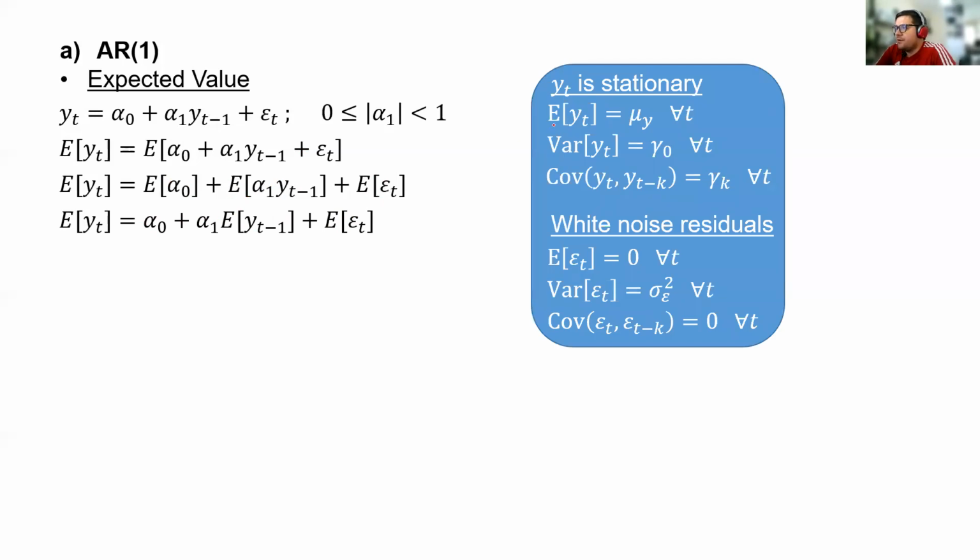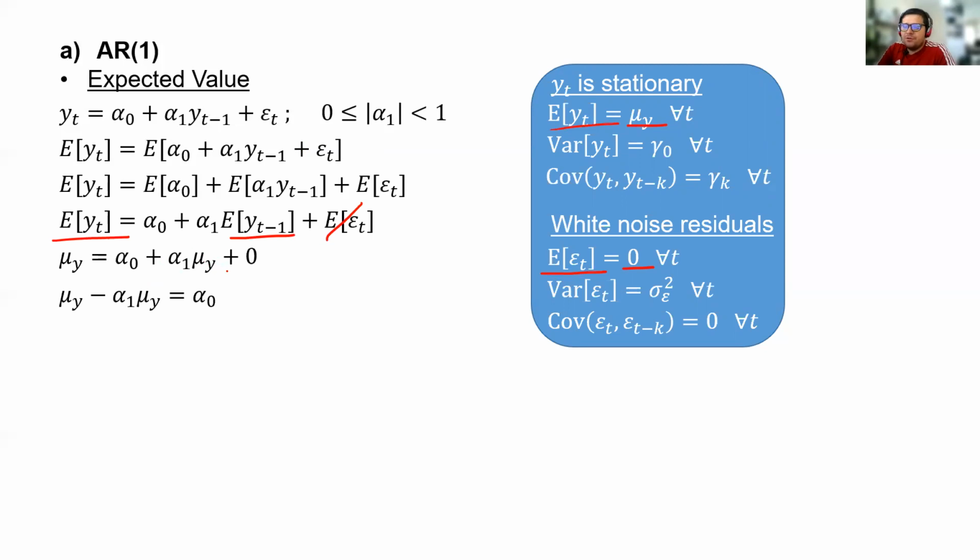You guys remember, we are assuming that the expected value of YT is equal to mu regardless of what t. So expected value of YT and expected value of YT minus 1 will be equal to mu. And we are also assuming that the expected value of the errors is equal to 0. So this term here will turn to 0. These ones will be now mu. And then I will just rearrange.